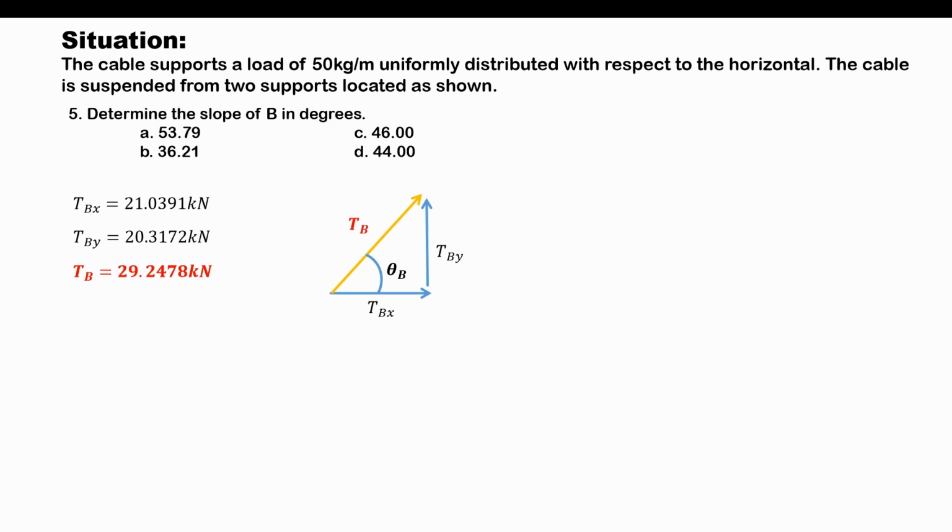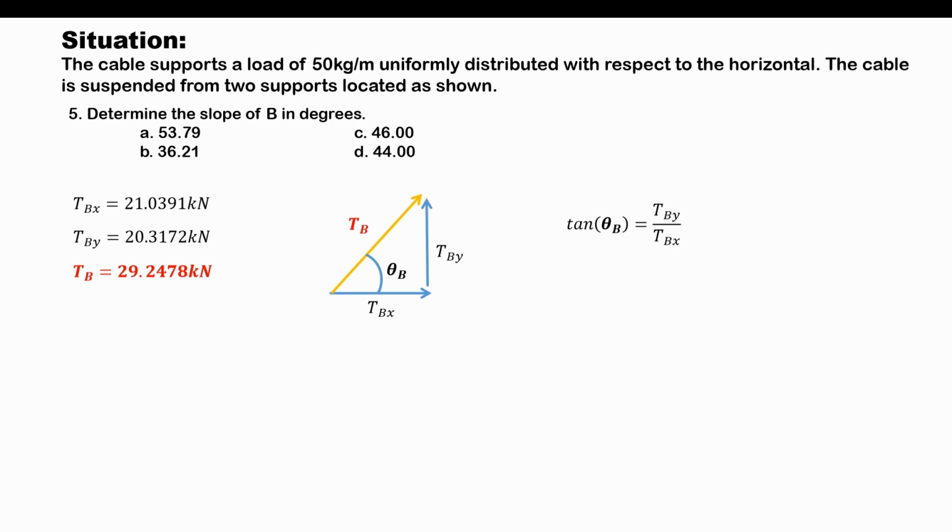Since the components and the resultant are already determined, the three basic trigonometric functions are applicable in here: the sine, cosine, and tangent function. But in here, what I've used is the tangent function. So tangent theta B is equal to the opposite side, which is the vertical component, Py, over the adjacent side, which is the horizontal component of the tension at P, Px.